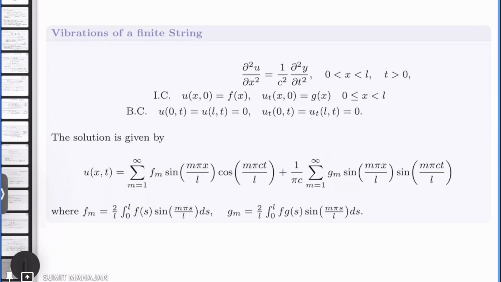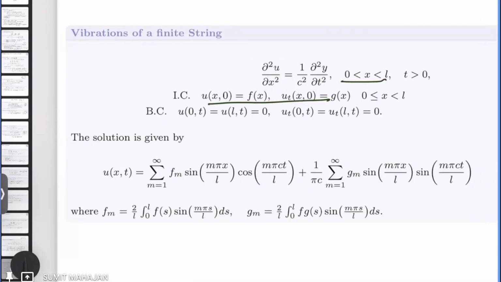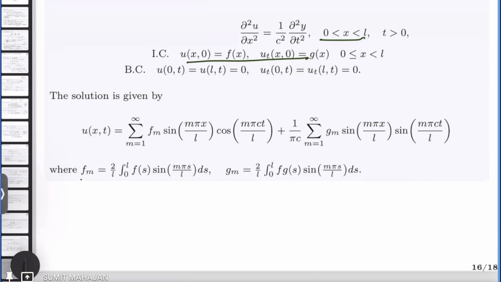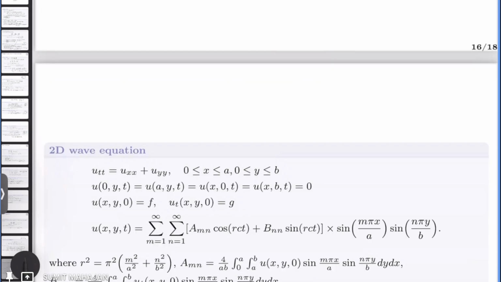And for a finite string, if we have a length 0 to L, with similar assumptions on the boundary conditions, then the solution is given by this, where f of m is equal to 2 upon L integral 0 to L f of s sine m pi s upon L ds, and g of m is given by this. It will be g of s only, f will not be there: g of s sine m pi s upon L ds.